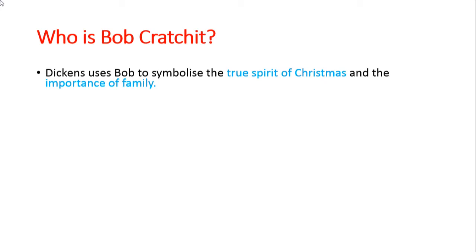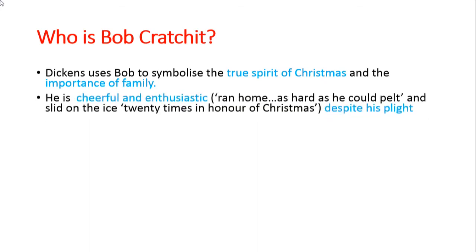So Bob, despite his family's predicament, despite their poverty, is full to the brim of benevolence and Christmas spirit, and he adores his family. He is a foil, therefore, to Scrooge in that sense.